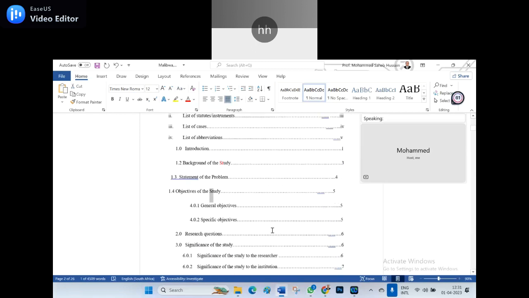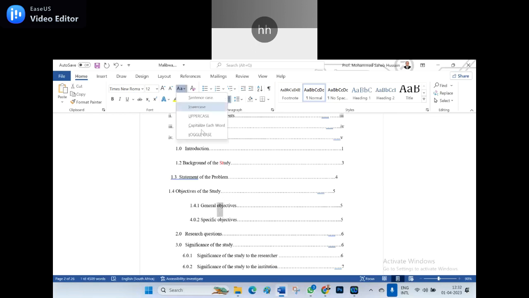And here 1.4.1, you have to make general objective. What is general objective? 1.4.1, general objective. Then O should be a capital letter, and you made it a small letter there.